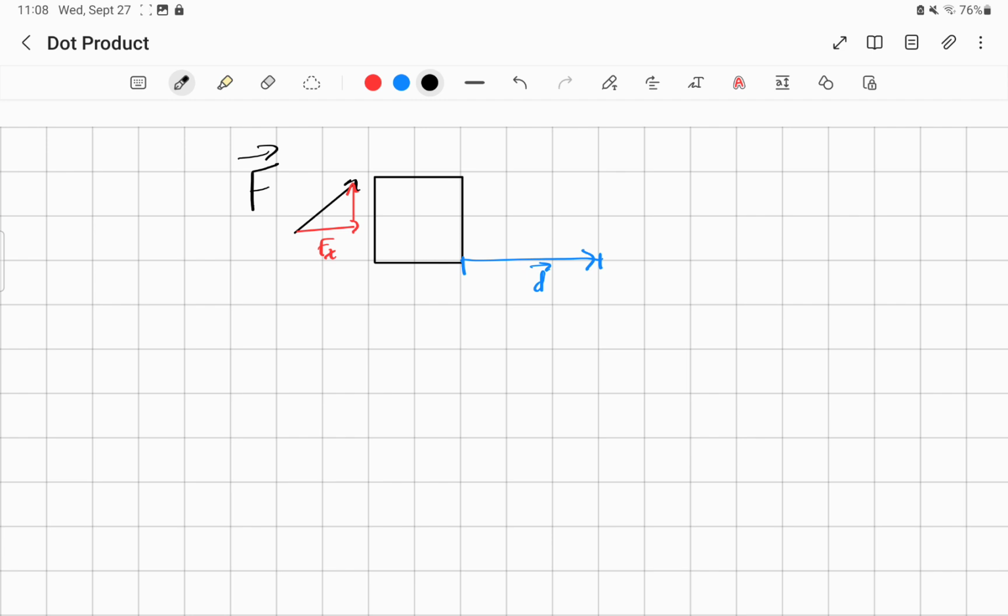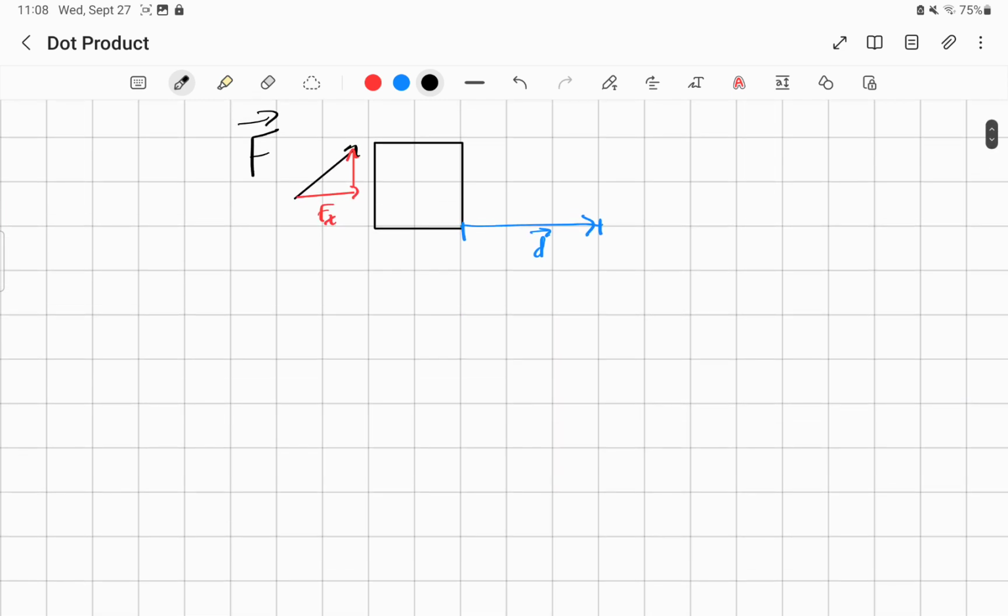But how do we quantify this? How do we quantify the fact that pushing it up is a bad idea? Well, let's figure out a metric that can tell us how much of this force vector results in energy being transferred to the object to move it in this direction.